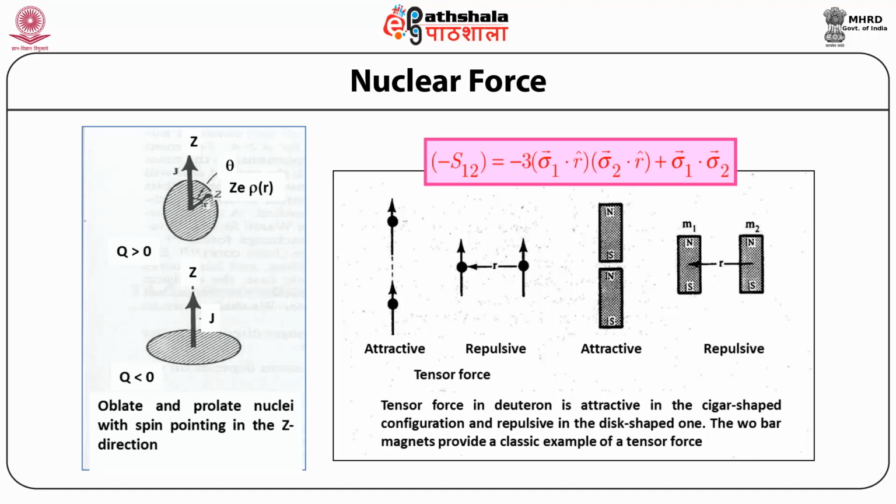So when the two nucleonic spins are in the disc shape format, they repel, but when they are in the cigar shaped form, then they attract. Now if the nucleus is prolate, that is Q greater than 0 or positive value, and when the nucleus is oblate, Q is less than 0, then the spin is basically perpendicular to the plane.